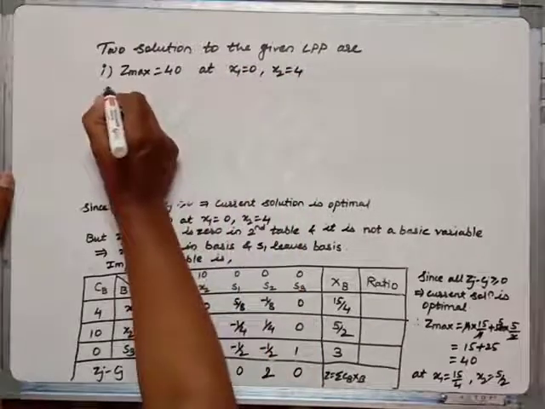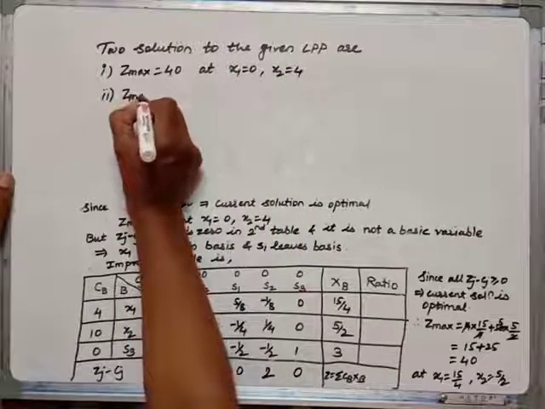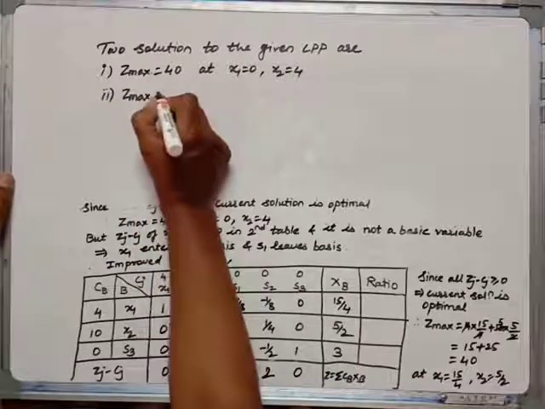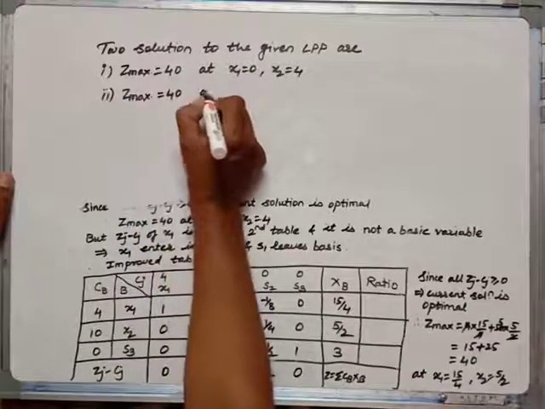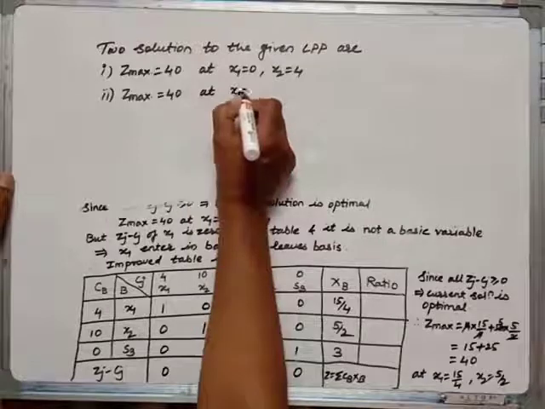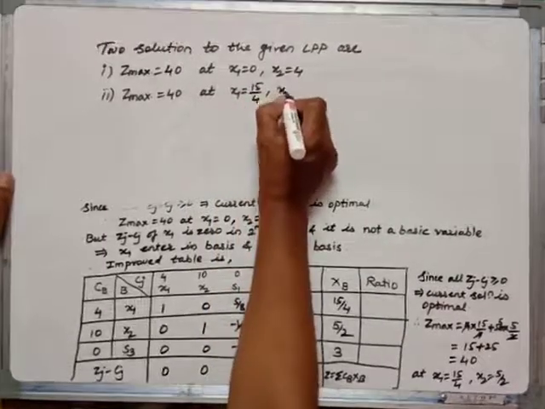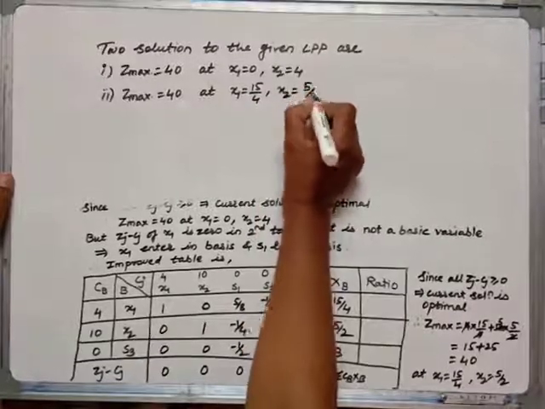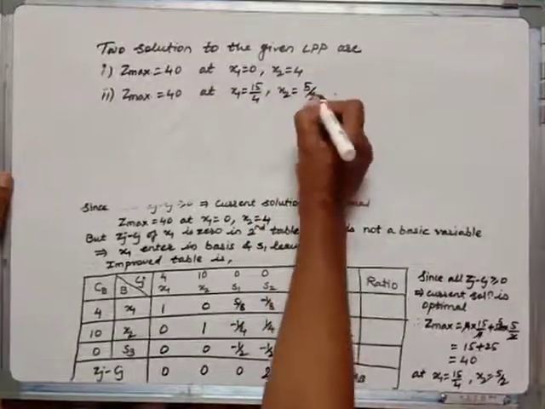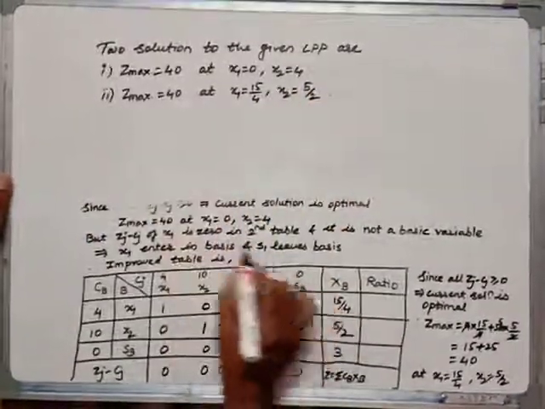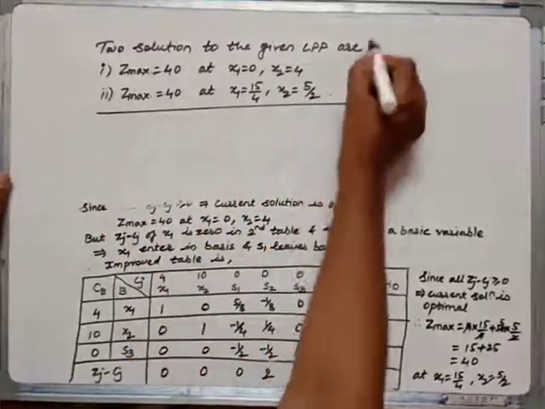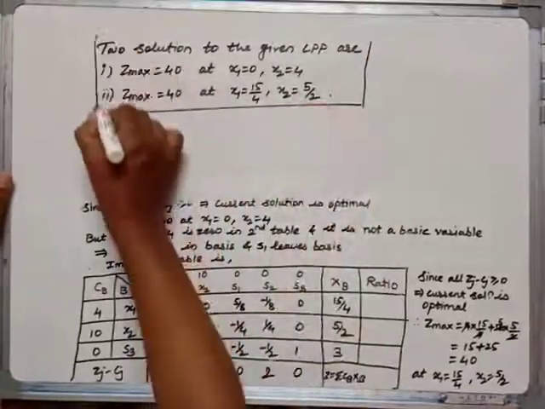And second one, Z max equal to 40 at x1 equal to 15 by 4 and x2 equal to 5 by 2. This is our answer. Okay, this is the alternate solution case.